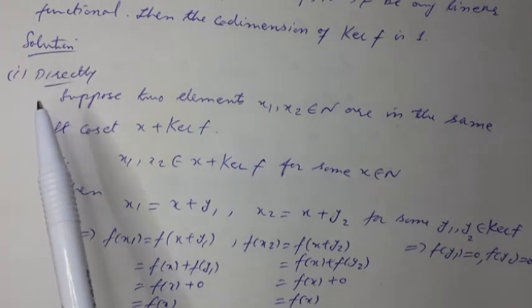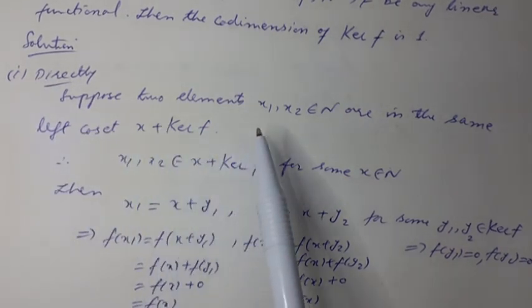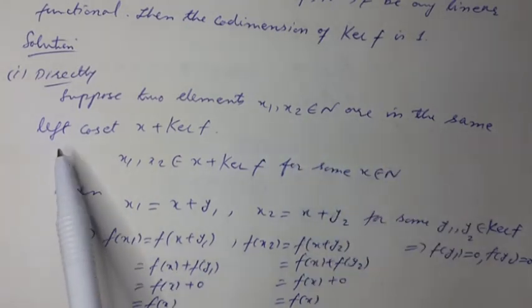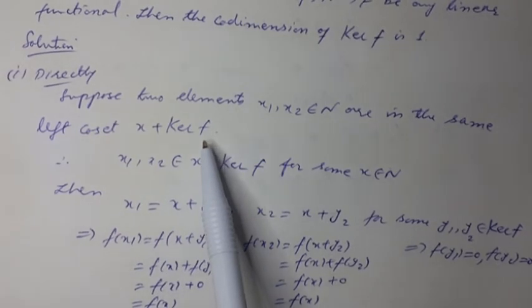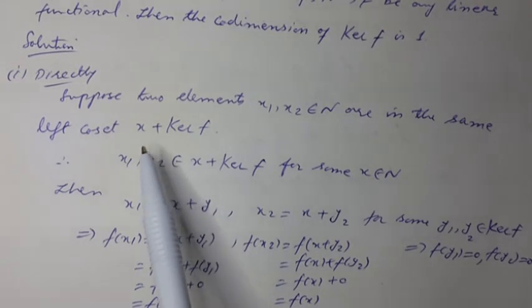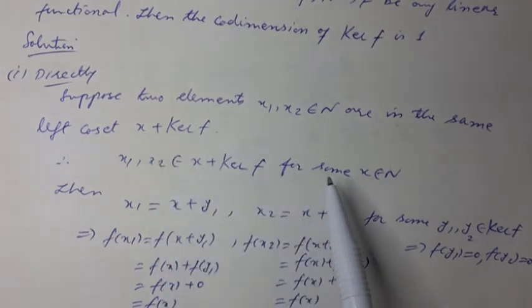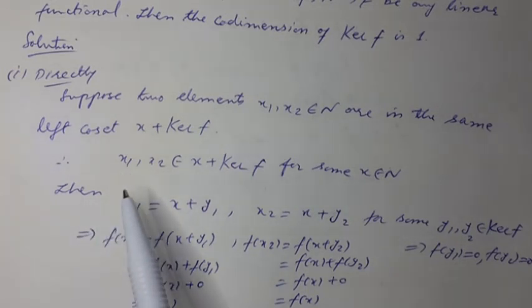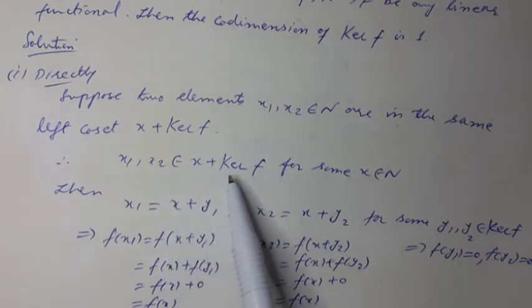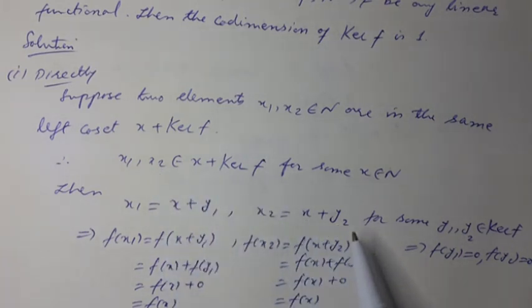Solution, first part, directly: suppose two elements x1 and x2 of normed space N are in the same left coset x plus kernel f. Therefore, x1, x2 belong to x plus kernel f for some x belonging to normed space N. Then x1 is equal to x plus y1 and x2 is equal to x plus y2 for some y1 and y2 belonging to kernel f.